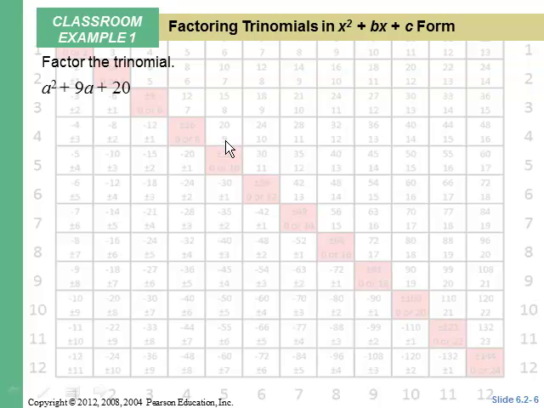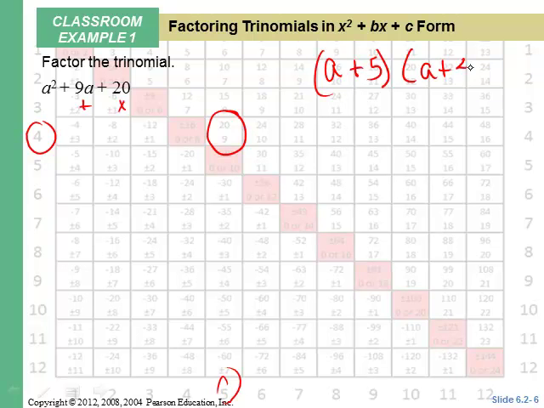Let's look at this one. If you notice, the add part is 9, the multiply part is 20. So we're looking for 9 and 20, and there they are. They're at the corner of 4 and 5. So a plus 5 times a plus 4, that's the factored form of that trinomial.